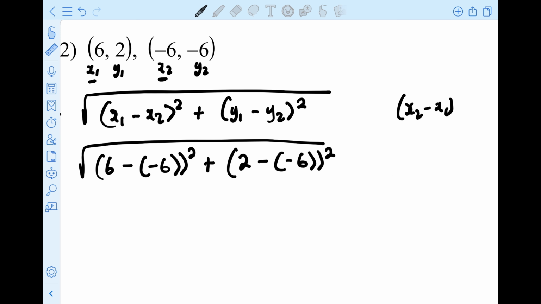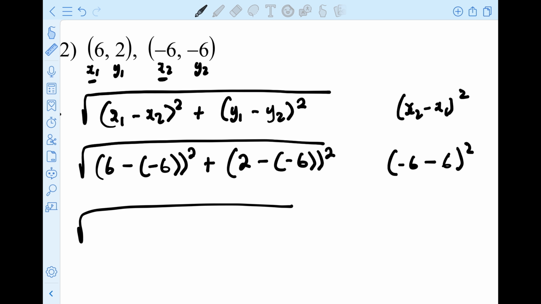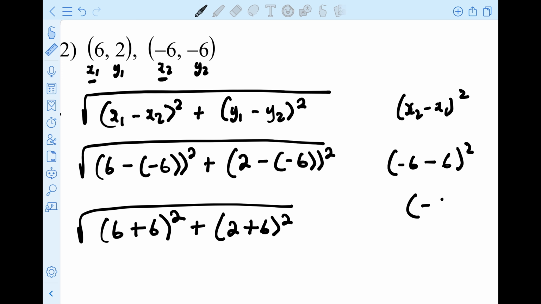So it would be negative 6 minus 6 squared. Let's see what's happening. This will become the square root of 6 plus 6 squared plus 2 plus 6 squared. This will become negative 12 squared.